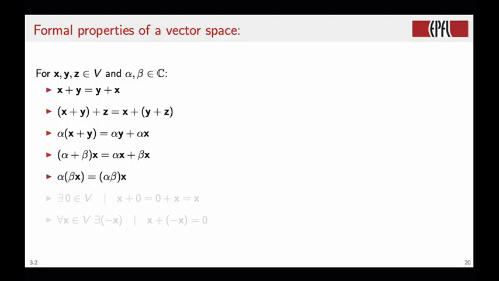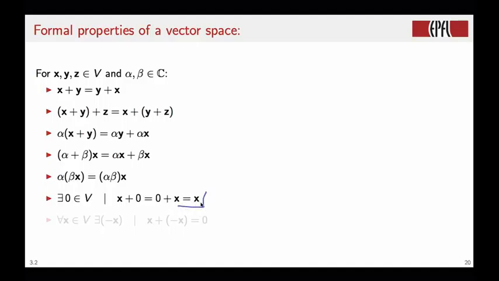Then we can see that alpha times (beta x) is indeed (alpha beta) x. All of these are very obvious for finite dimensional spaces. Finally, there is a 0 element in the vector space, that's the origin, so x plus 0 is equal to 0 plus x is equal to x itself.